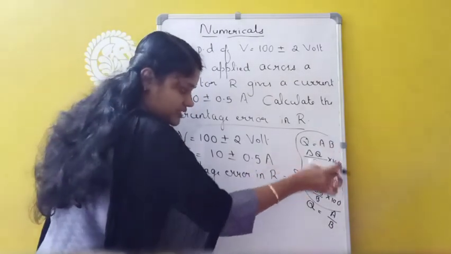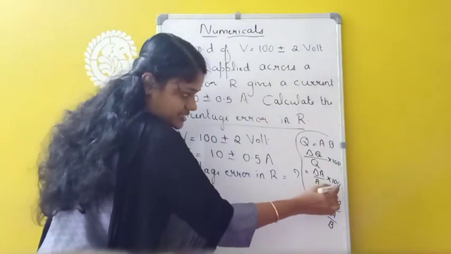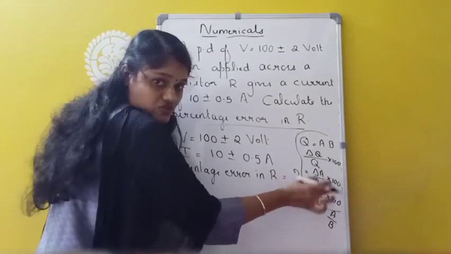The same for multiplication and division. So whenever multiplication or division comes, we are adding the percentage errors, or the relative errors.